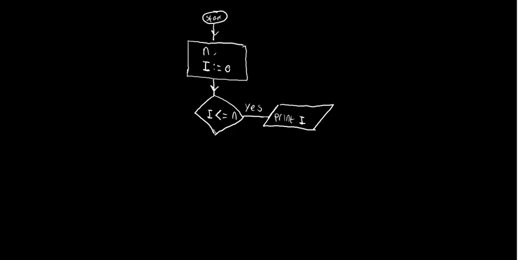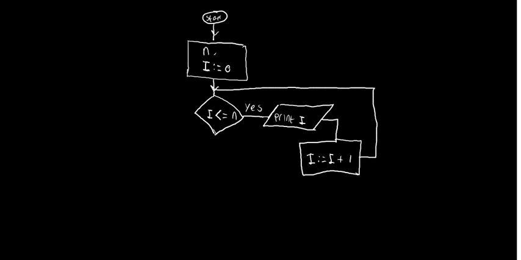Afterwards we have another processing box, since we're supposed to increase I by 1, so I equals I plus 1. Then we go back. How you go back depends on how you want to draw it, but we can go in this direction, making sure we feed this back into the original spot there, like so.